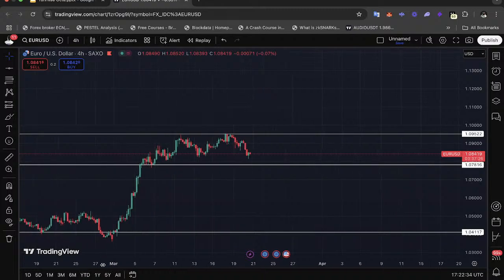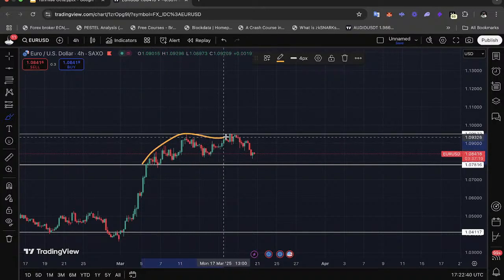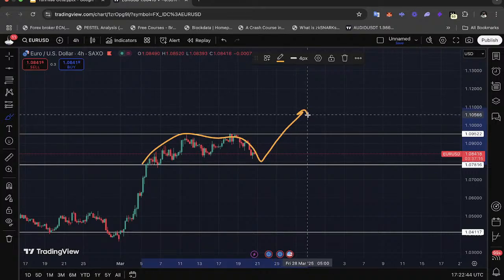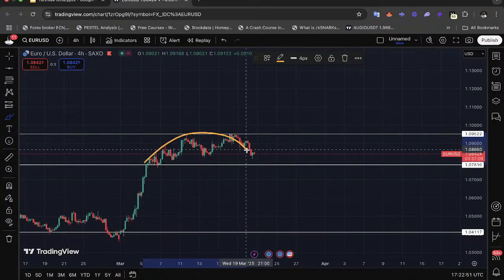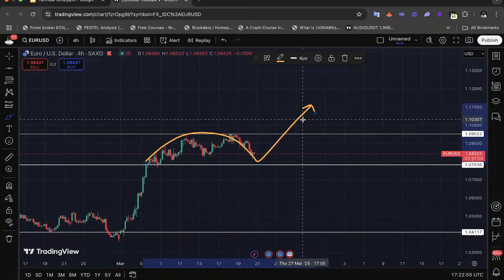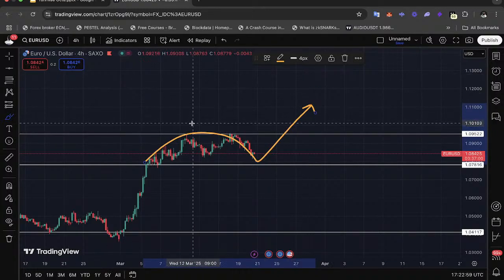So this is more like a buy momentum gathering at this level, and there is a higher probability that this would happen. So on the 4 hours time frame, we are looking to buy.